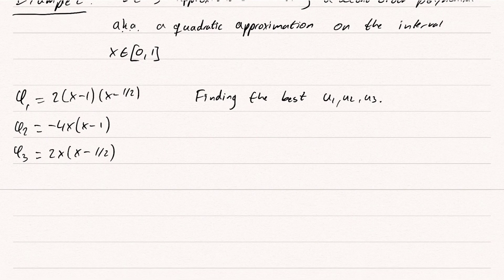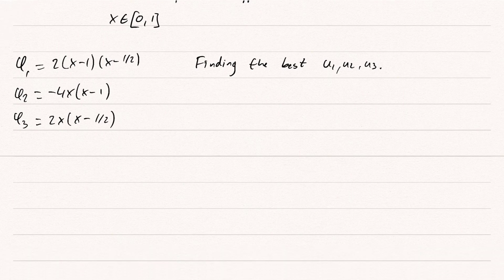So our approximation is thus: u of x is approximated by capital U of x, which is the sum for I equal to 1, 2, 3 of u I phi I. This is what we're doing. We will get 3 equations.